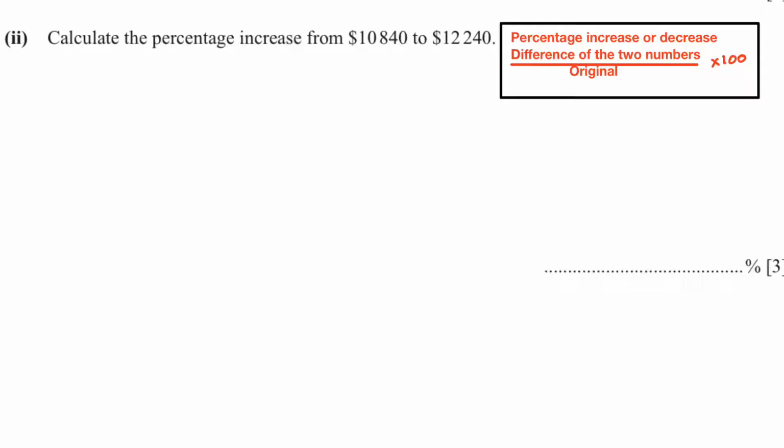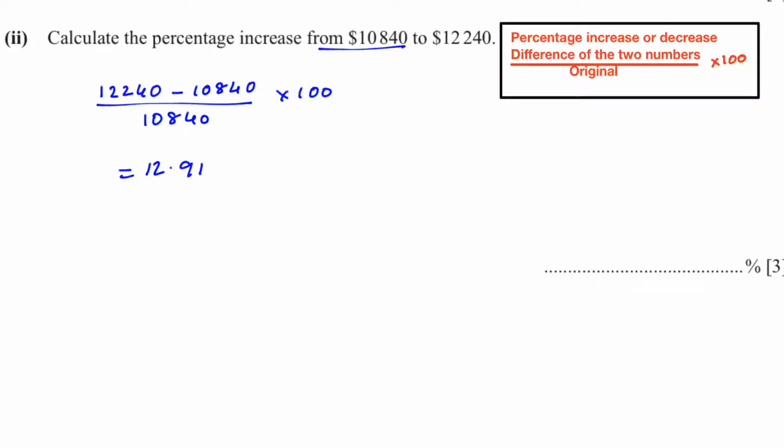So now here we have percentage increase from 10,840 to 12,240. So it's always the big number, subtract the small number, and it increased from 10,840, that will go in your denominator, multiply by 100. And we will get 12.915, rounded to 2 decimal places, 12.92. That is your percentage increase.